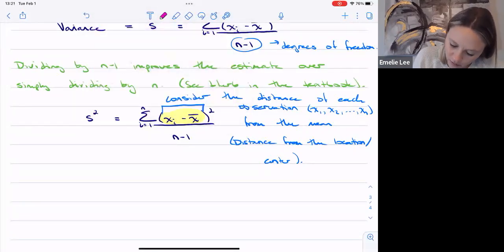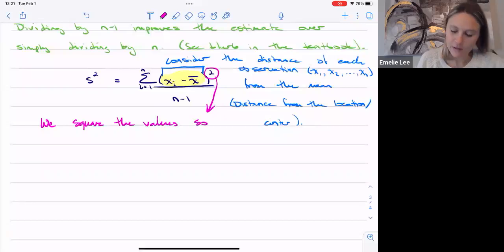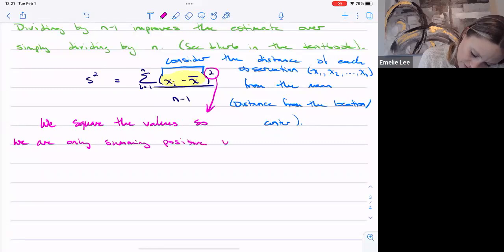And so we square the values, so we are only summing positive values.